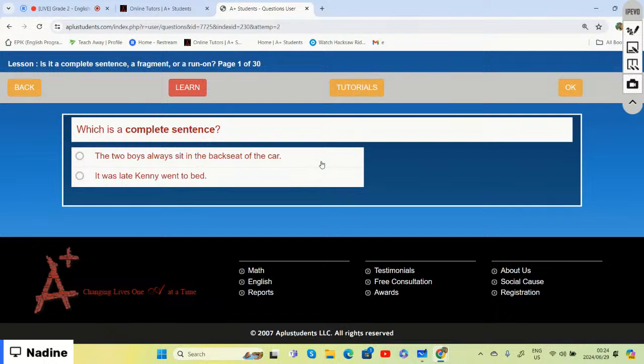If we were to select the complete sentence, then yes, we would choose option one, the two boys always sit in the back seat of the car.